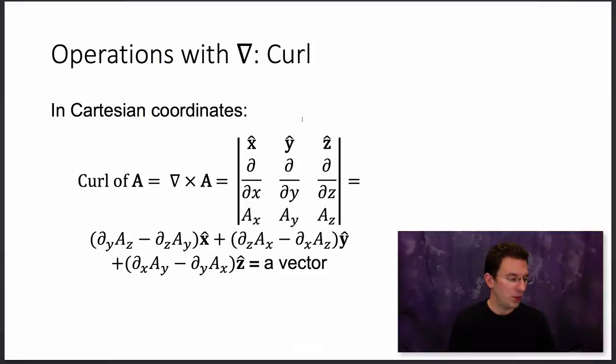You definitely want to reference your book for the curl in cylindrical and spherical coordinates as well. In Cartesian coordinates, you set up a little 3x3 matrix, and then you simply take the determinant of that matrix to figure out what the curl of A is. And this is how it breaks down. You can satisfy yourself that this expression is the determinant of this little matrix, which is a vector.